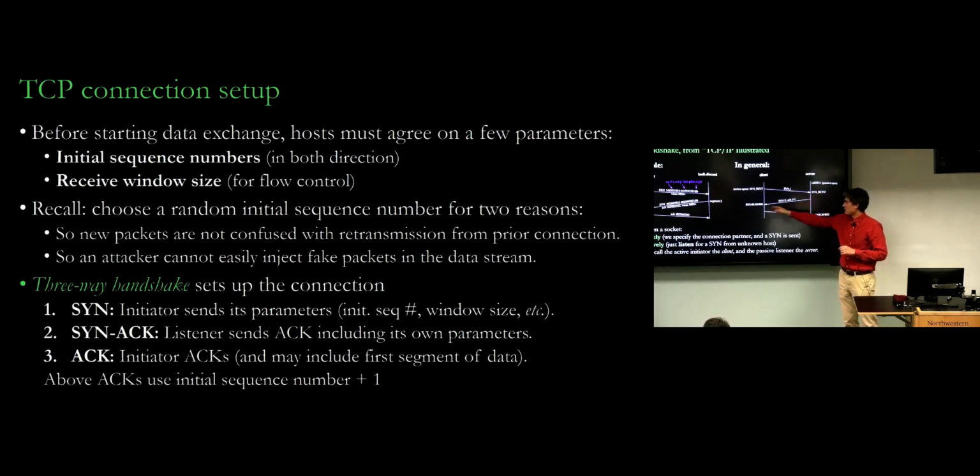You're sending back the acknowledgement, choosing your own sequence number, getting back an acknowledgement, and then at this point you have that handshake finished, and you can start doing communication. But the listen socket still exists to listen for additional SYNs from other clients, and that's how you can have a multiple connection server.